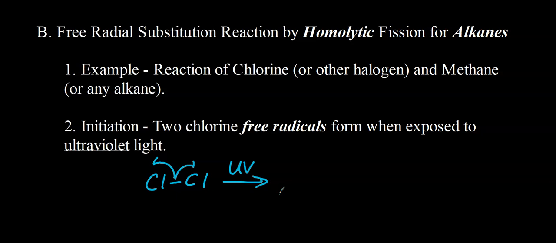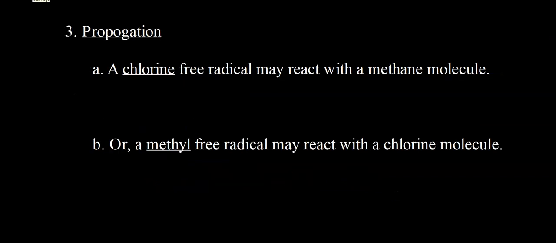If it's heat, or a particular catalyst, or in this case, ultraviolet light, we can indicate that by putting it over the arrow. So what we end up with are 2 chlorine free radicals. They have unpaired electrons. As I mentioned last time, these are very, very reactive. Many atoms or molecules do not like to have an unpaired electron.